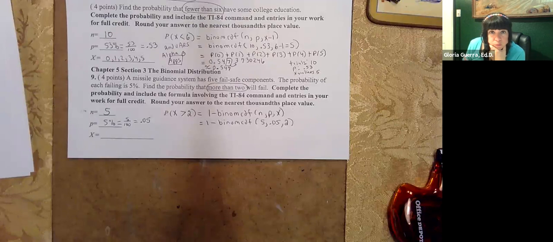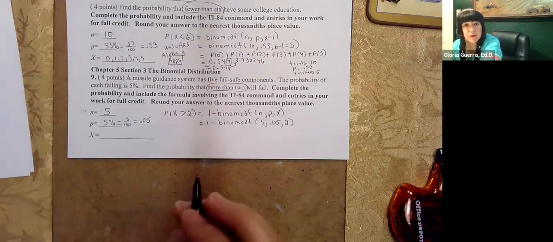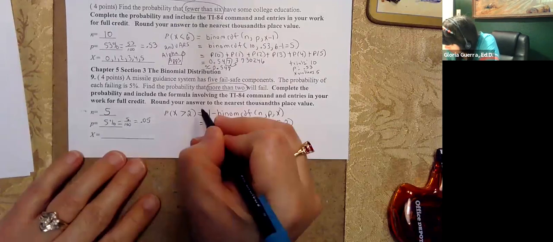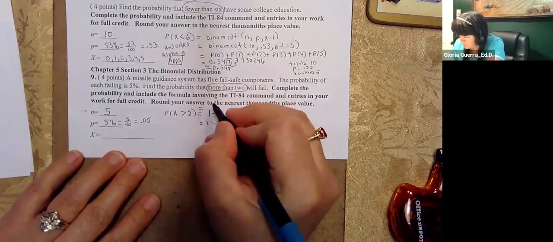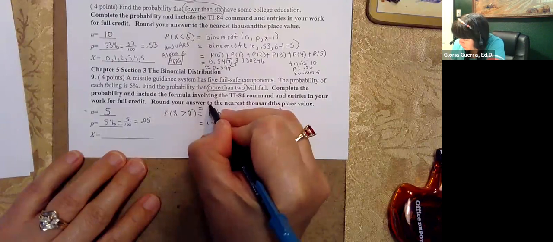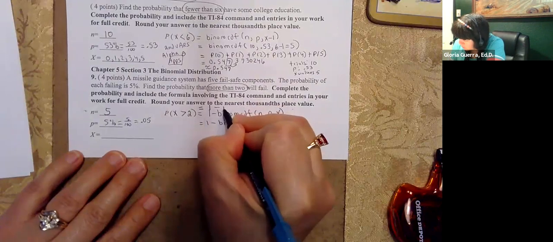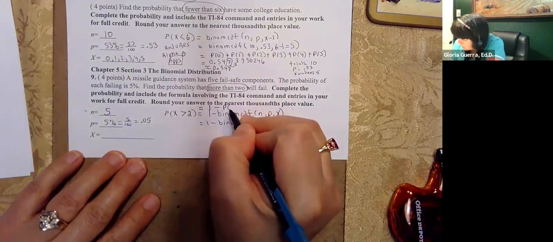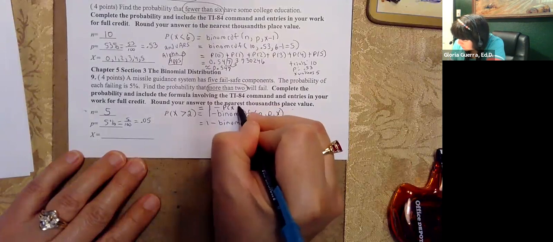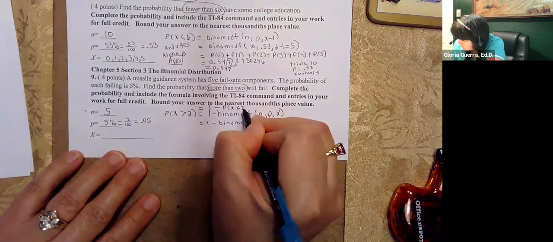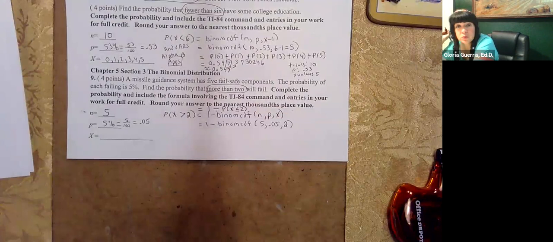Okay, I have an extra line in here. Let me see if I can squeeze this in here. This is okay, this is accurate. I do have this: 1 minus the probability X is less than or equal to 2. So that is true.